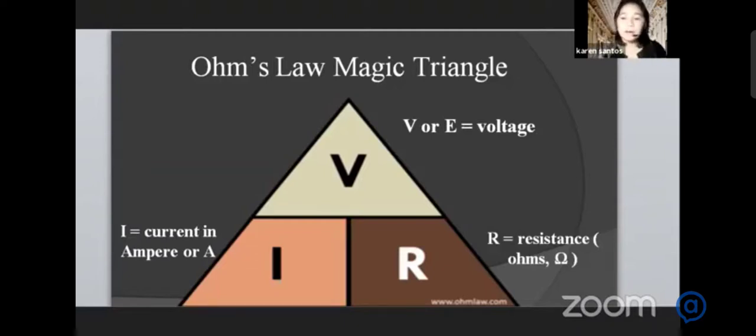So for you to be able to easily understand and know the formula, we have what we call the Ohm's law magic triangle. Everybody, please see this image. That is the Ohm's law magic triangle.